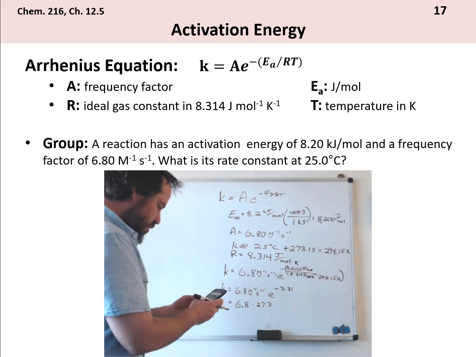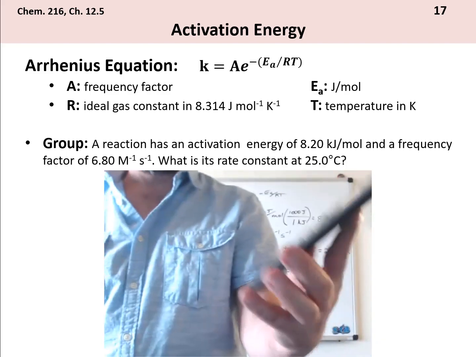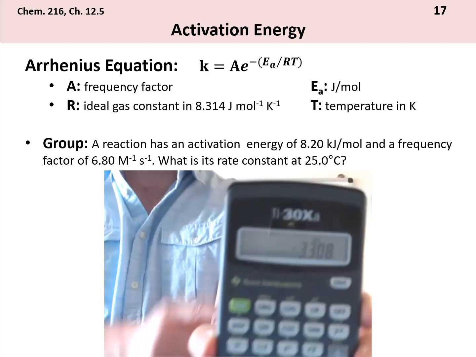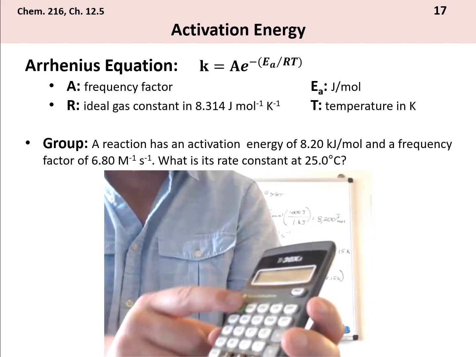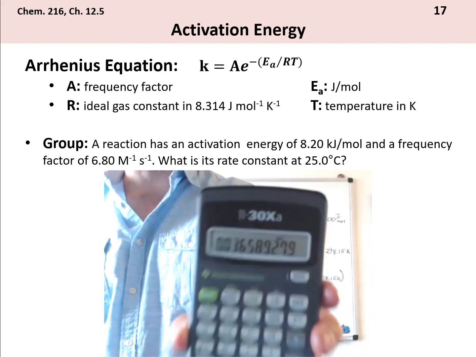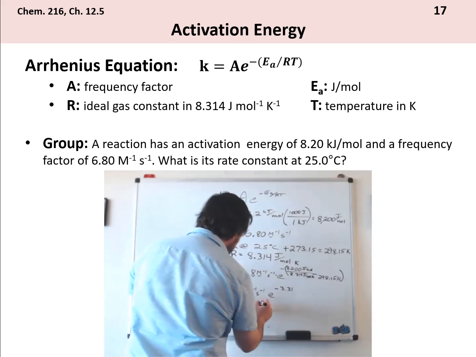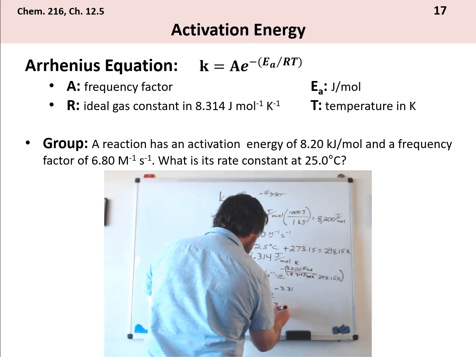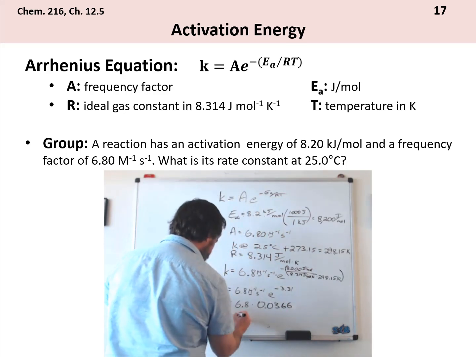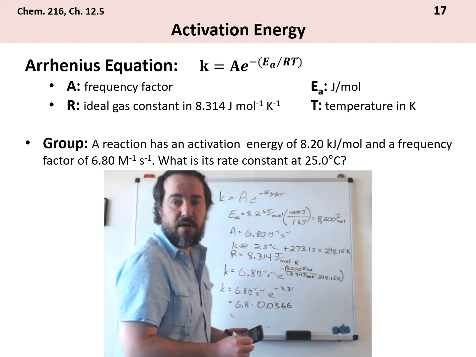Oops, wait, something's wrong. Did I just do what I said? I forgot to make it negative. All right, right? I forgot the negative. So when I do E to the X, now I get a smaller number, 0.036, right? Okay. I told you. It's almost like I planned that, except I totally did not. All right, now I multiply by 6.8, and I get 0.249.